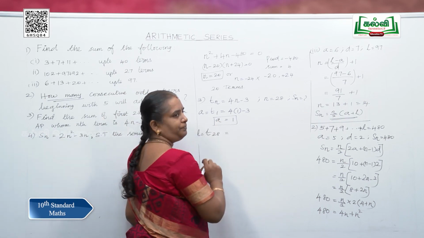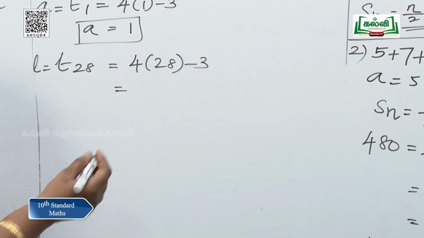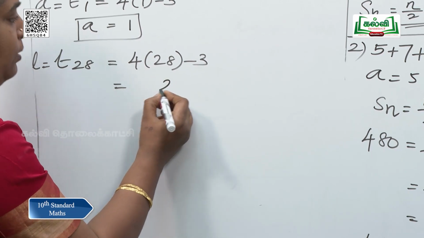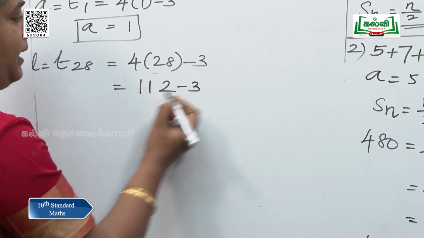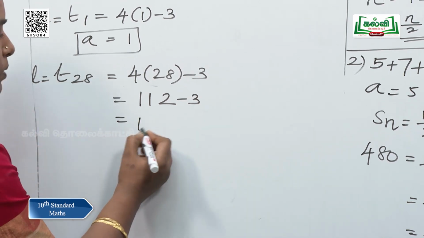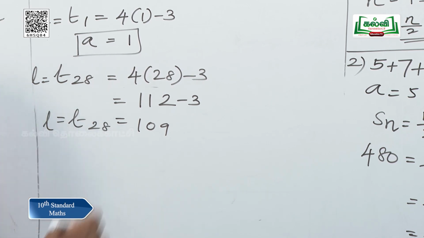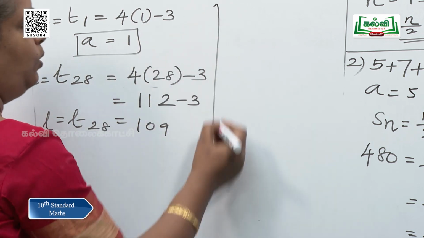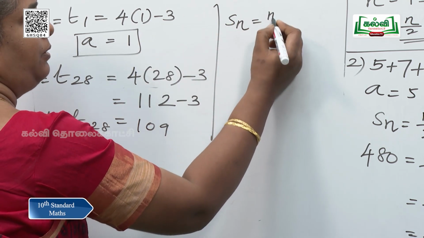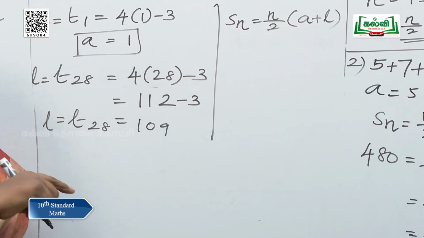So which is 4 into 28 minus 3. So multiply, 4 8s are 32, 4 2s are 8, 8 plus 3 is 11. So minus 3, which is 109. So T28, that is our last term, is 109. We have A, L and n. So we can move to this formula, Sn is equal to n by 2 into (A plus L). So we are going to substitute all these terms.